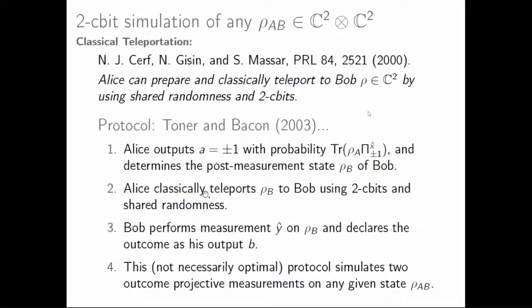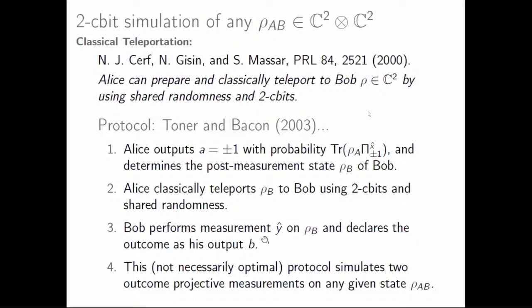So Alice can output plus or minus 1 with probability given by this, and determine the post-measurement state rho B of Bob. Once she determines the post-measurement state rho B of Bob, Alice can teleport rho B to Bob using 2 C bits and shared randomness.